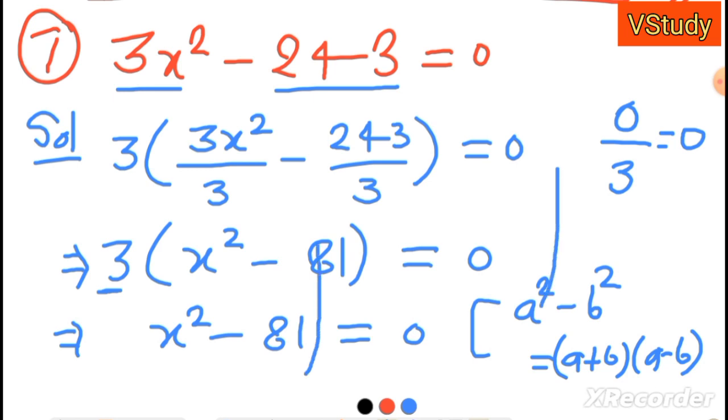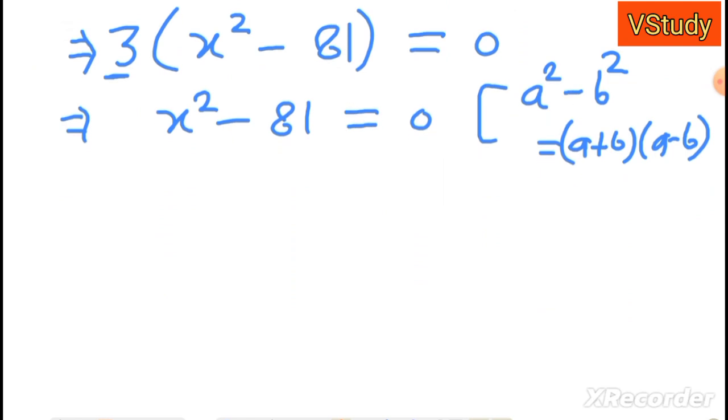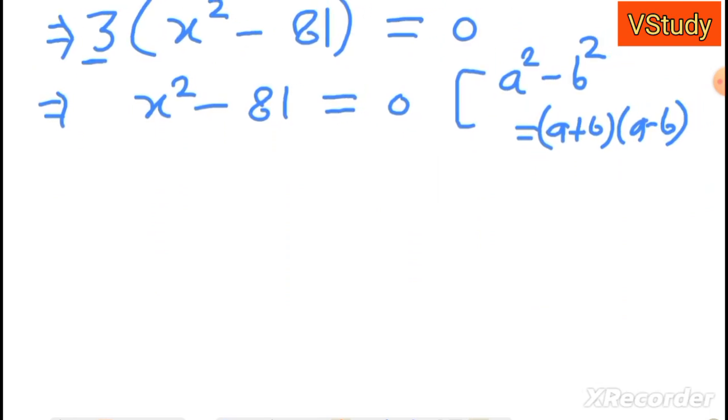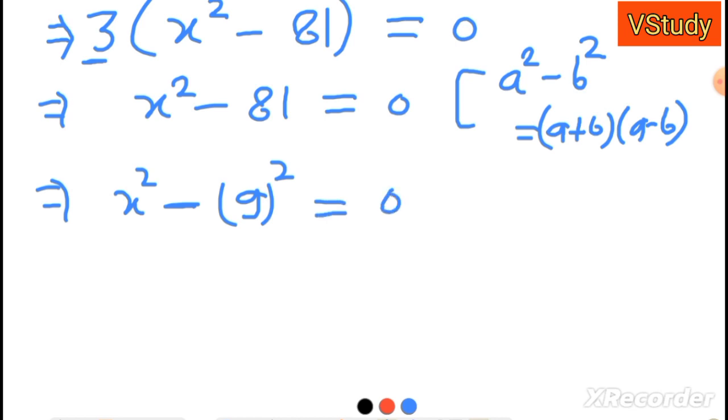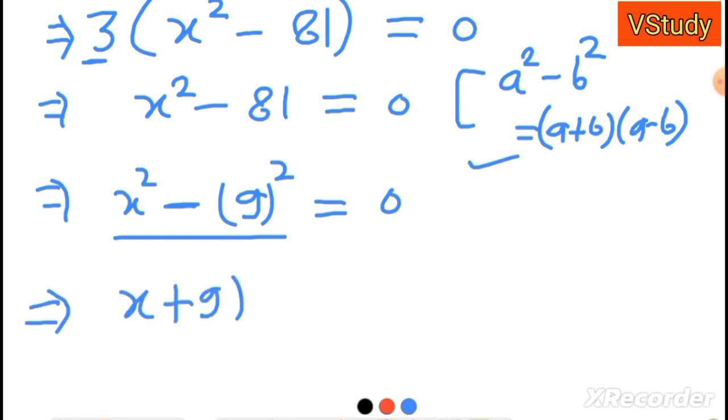Let's apply this formula here. For applying this formula, we write x square minus 9 square, as the square of 9 is equal to 81. So after applying the formula, we have x plus 9 and x minus 9 is equal to 0.